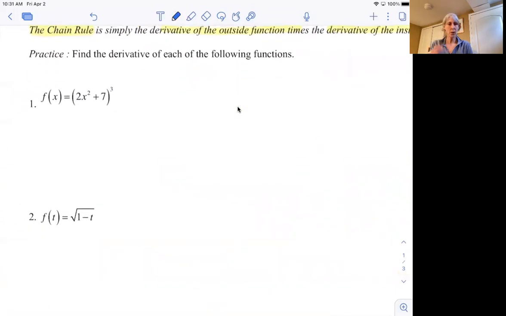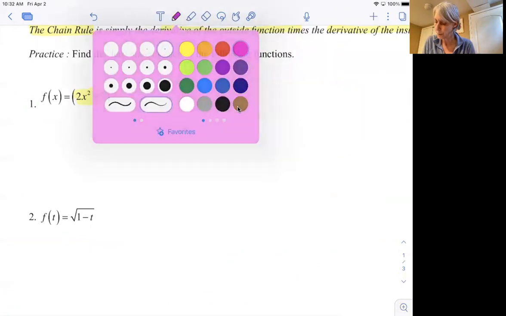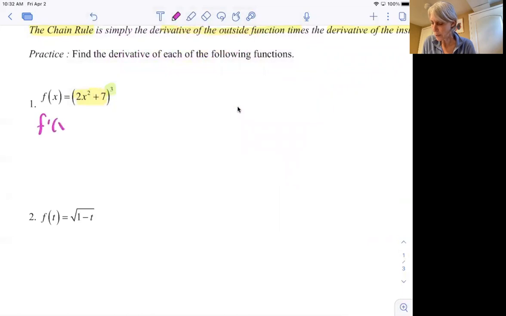So let's just jump right in here. Set of parentheses being raised to a power. Right? (2x squared plus 7) cubed. I could FOIL it all out and do it that way, or I could apply the chain rule. f prime of x is going to equal the derivative of the outside function. So we're going to leave that set of parentheses alone, and we're just going to differentiate that outside function.